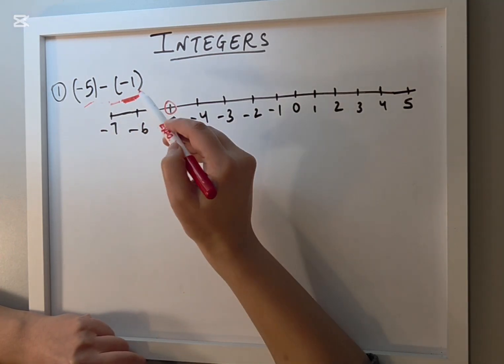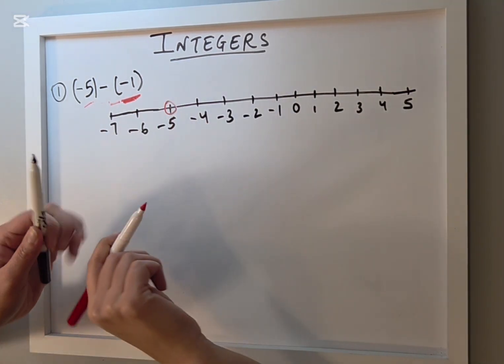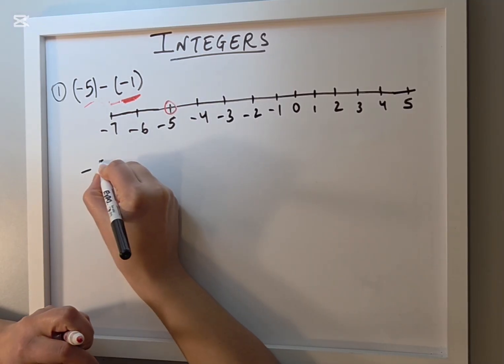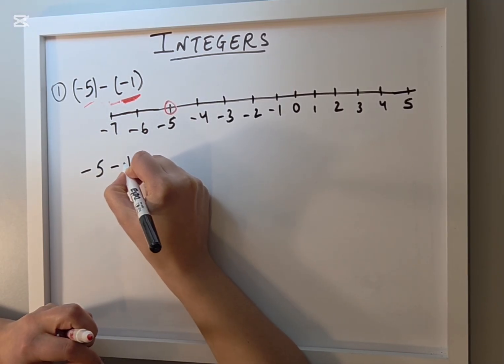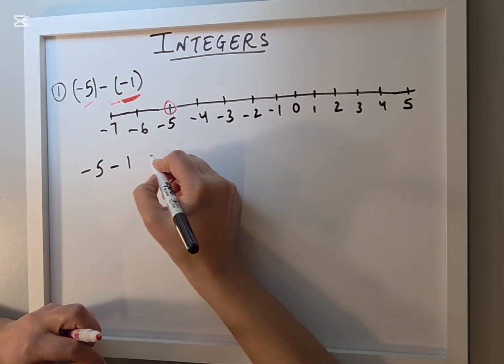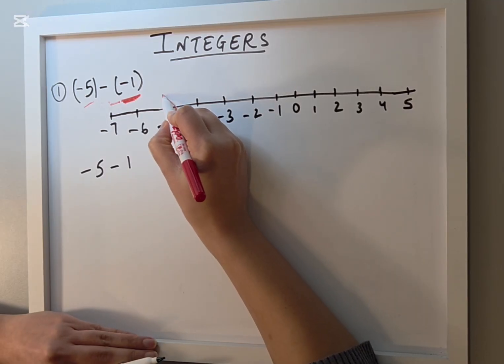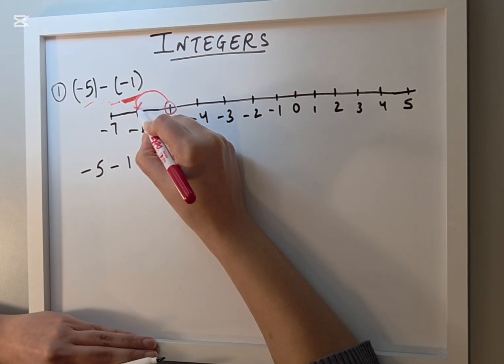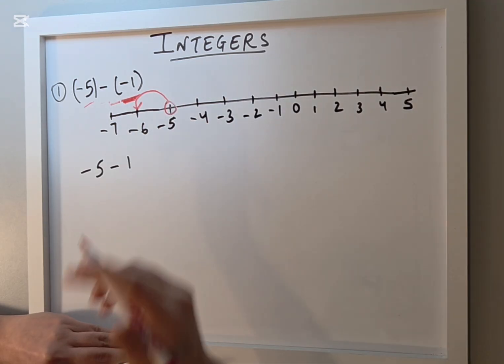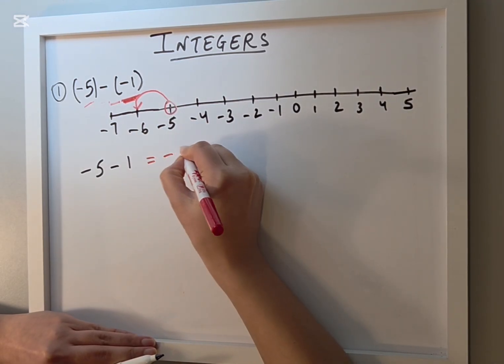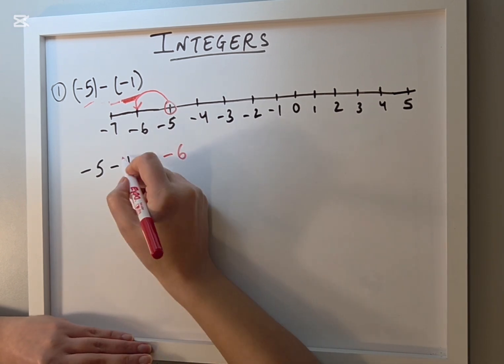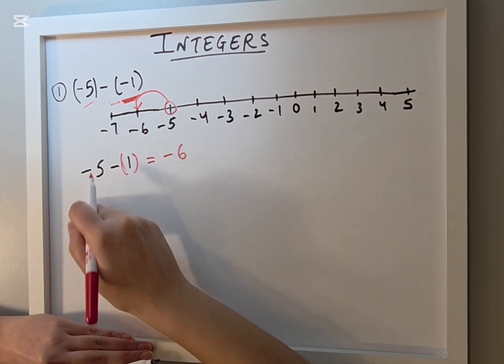So if it was directly minus 5 minus 1, then we would have said minus 5 and then we go one step towards the left and it will give us minus 6, because it was a positive number.